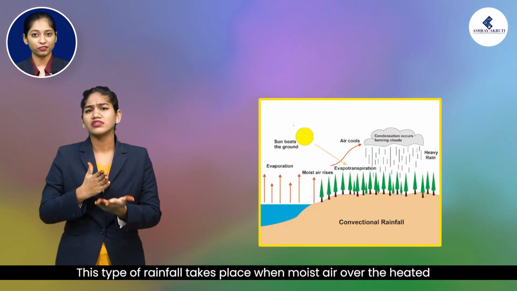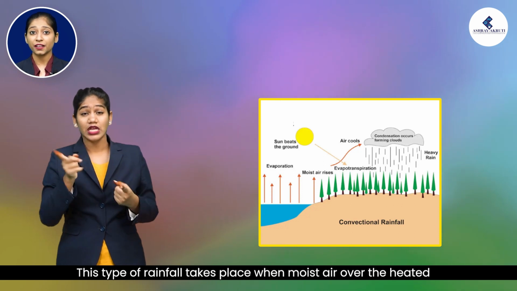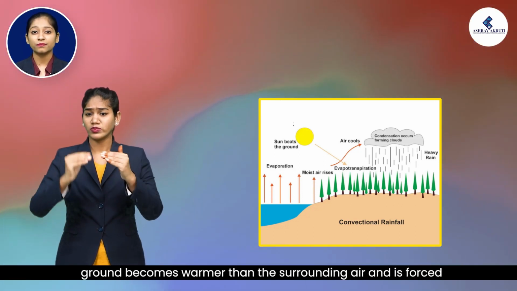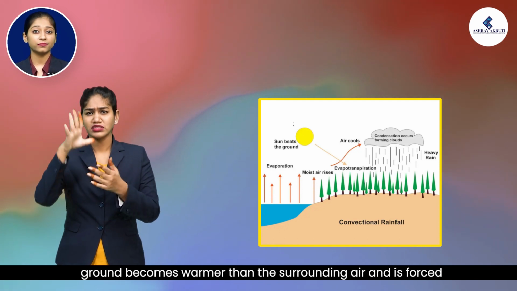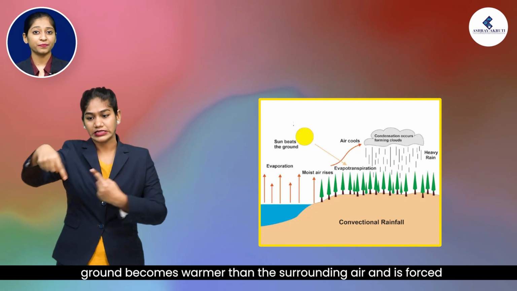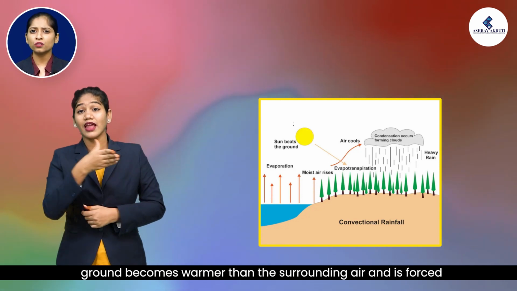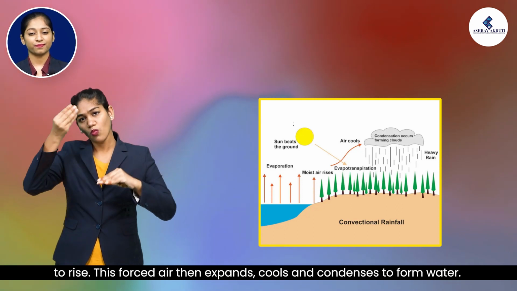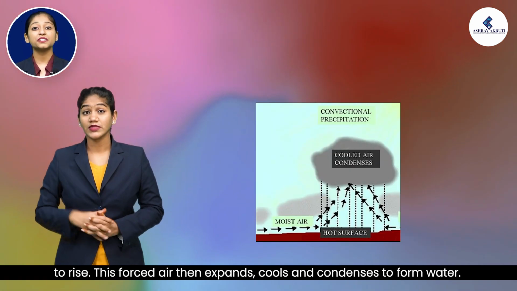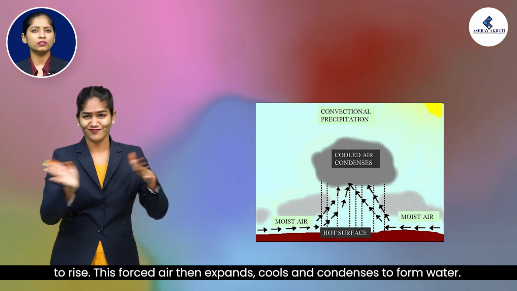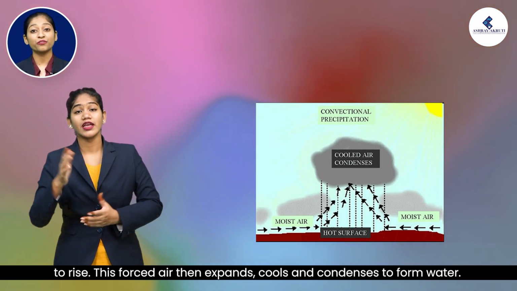This type of rainfall takes place when moist air over the heated ground becomes warmer than the surrounding air and is forced to rise. This forced air then expands, cools, and condenses to form water.